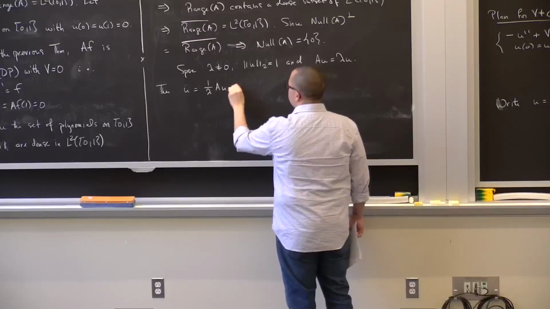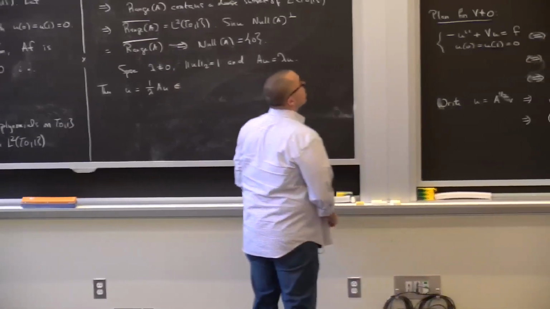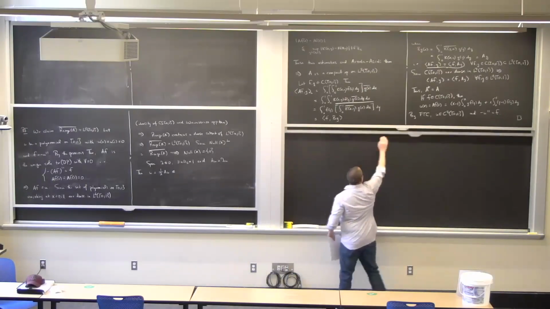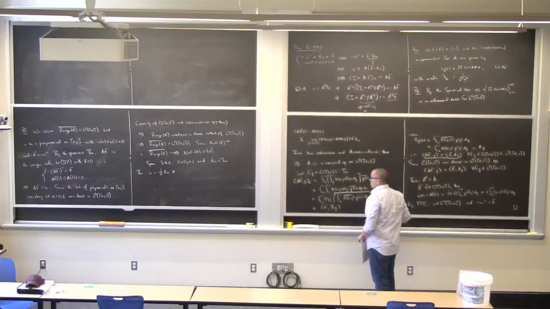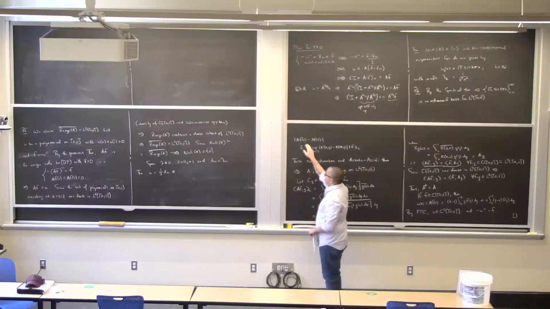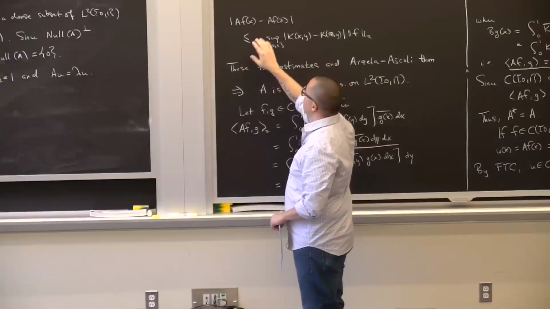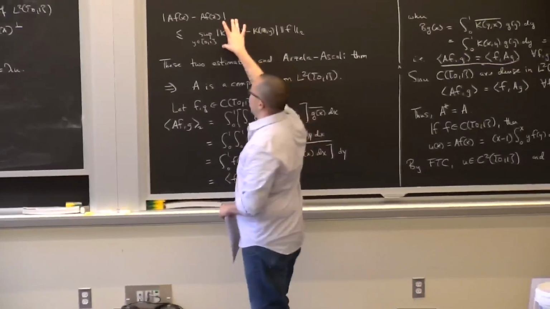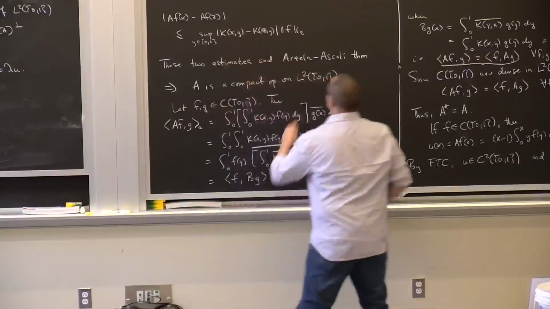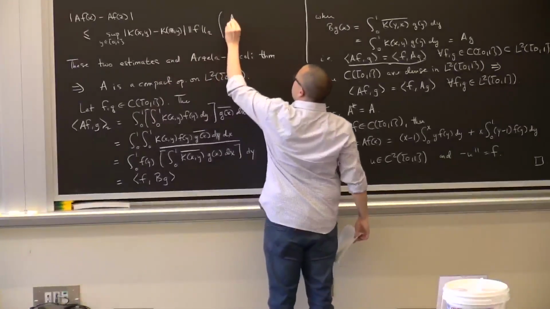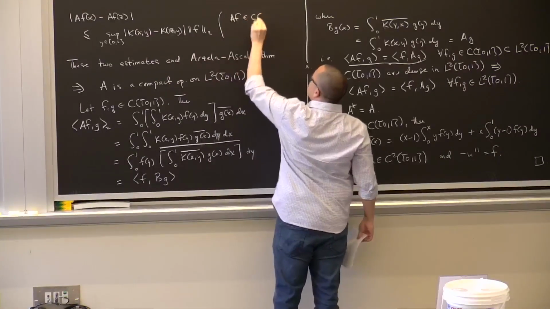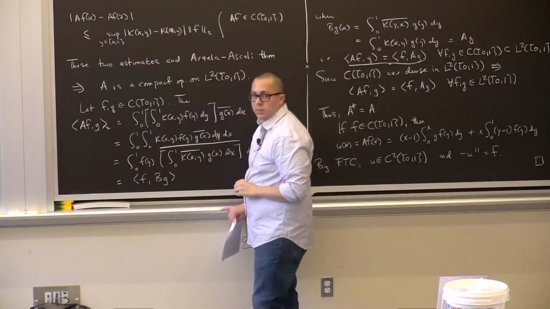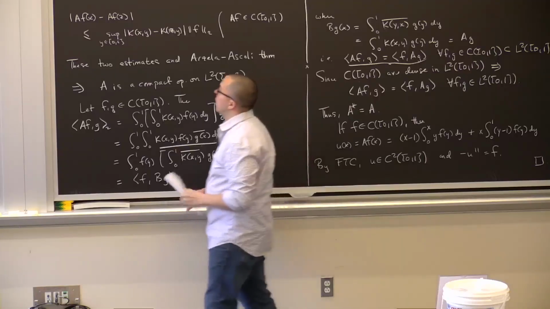Now, I didn't say this when I was discussing the estimate, but for any function in L2, by this estimate here, this also proves that A applied to f is a continuous function. Okay? I hope that's clear, right? Because why is this so?